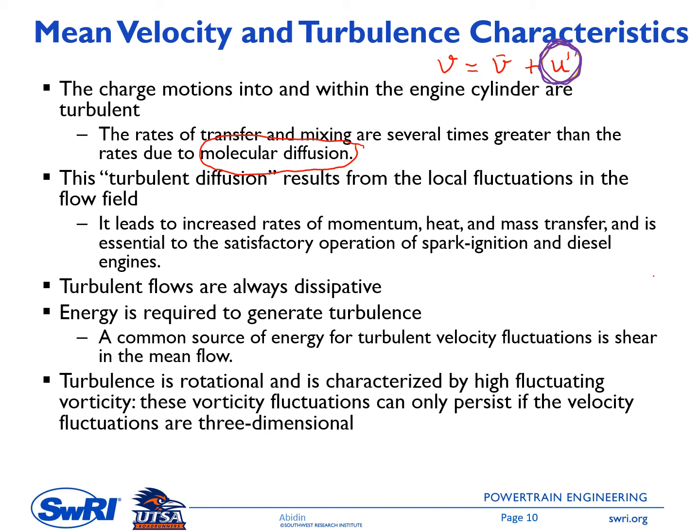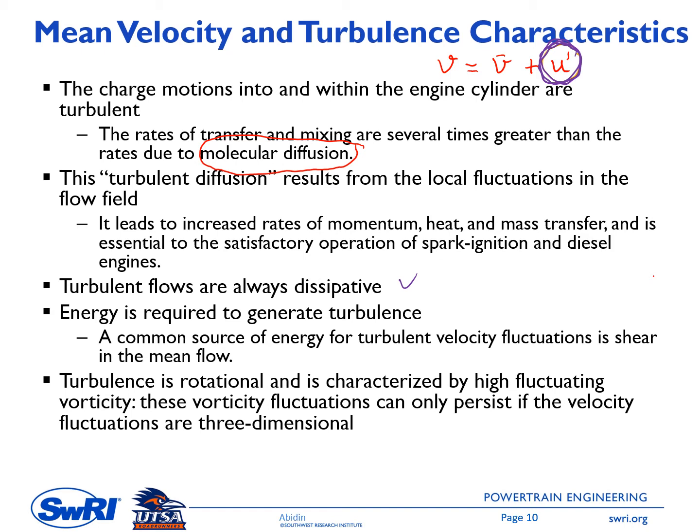Turbulent flow is always dissipative, which means turbulence will dissipate quickly into thermal energy. Therefore, when we design an intake system for a certain charge air motion, we want the airflow to be such that we have high turbulence close to the end of the compression stroke.